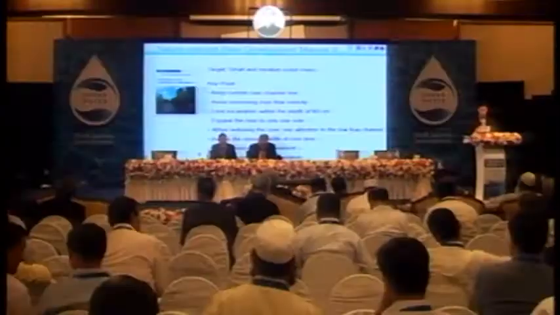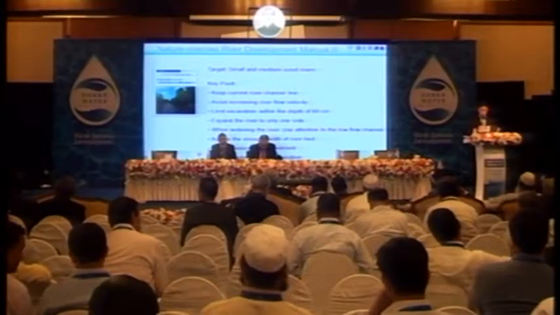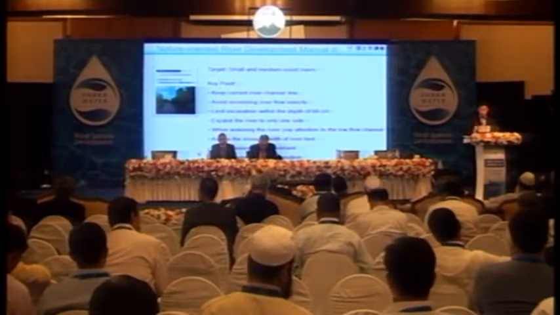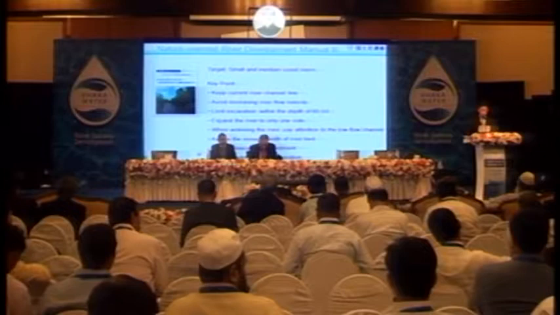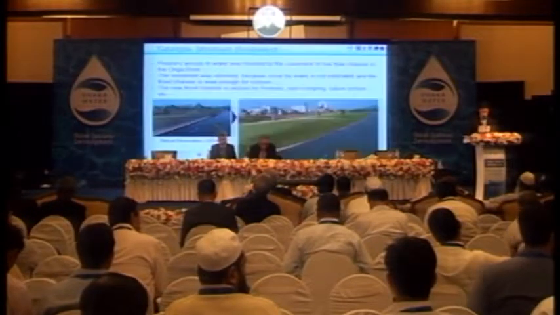And if you have to expand the width of the river, only expand to one side. And the riverbed should get enough space, and revetment on the side should be in upright position. So they are illustrated with practices.